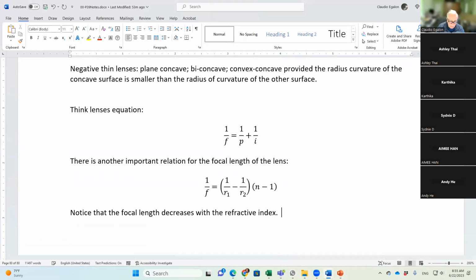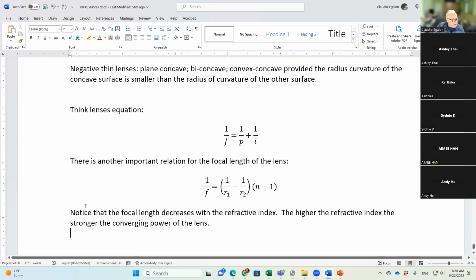In other words, the higher the refractive index, the stronger the converging power of the lens. So the focal distance must decrease, right? Focal distance must decrease.